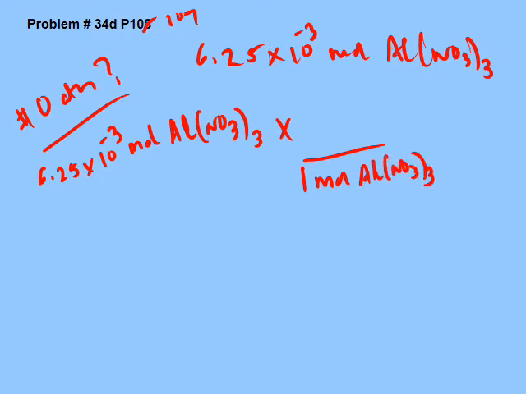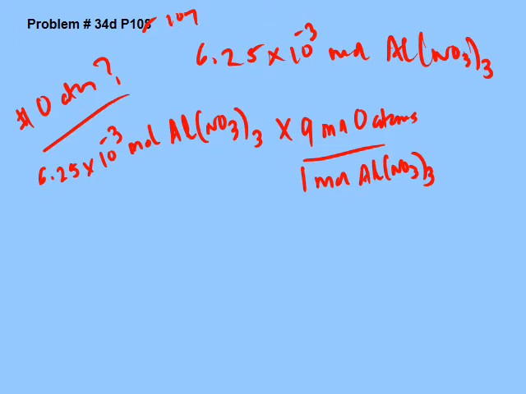Now look at how many oxygen we have. 3 times 3, there are 9 oxygen, because NO3 is in parentheses, which means it is repeated 3 times. So there are 9 oxygen. So 1 mole of AlNO3 gives 9 mole oxygen atoms.